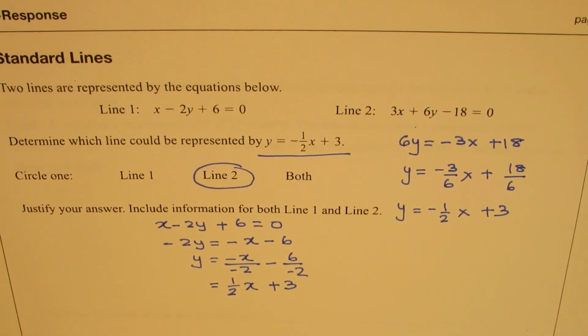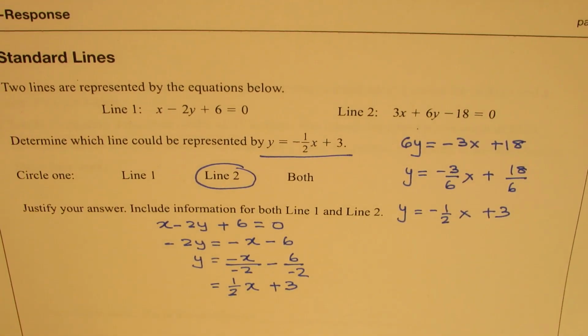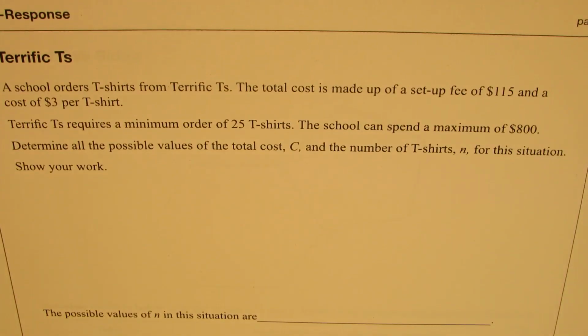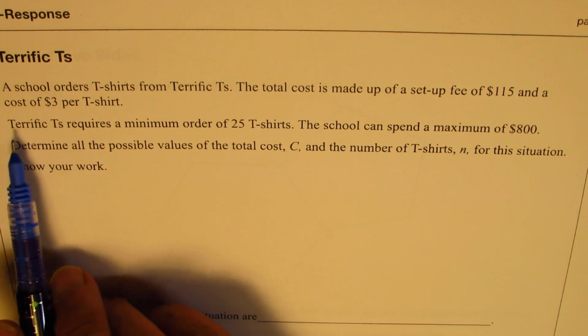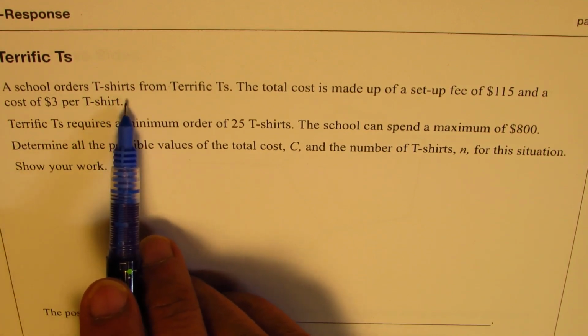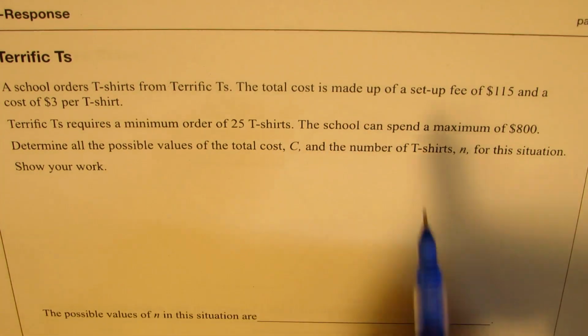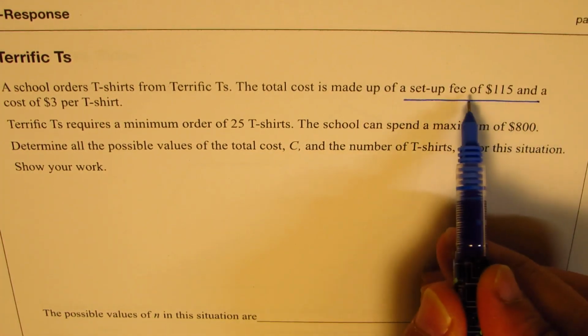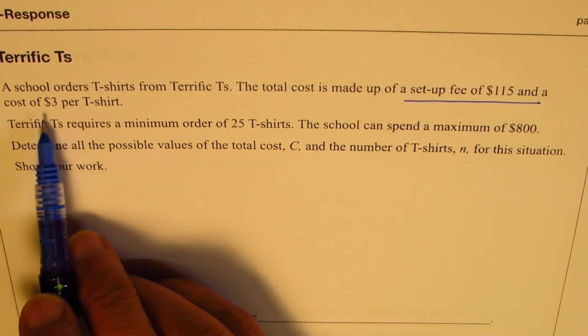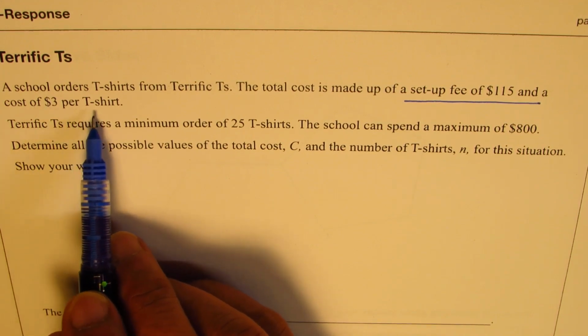Perfect. Let's move on and take the next question, which is question number 13. Terrific Tees. A school orders t-shirts from Terrific Tees. The total cost is made up of a setup cost of $115 and a cost of $3 per t-shirt.